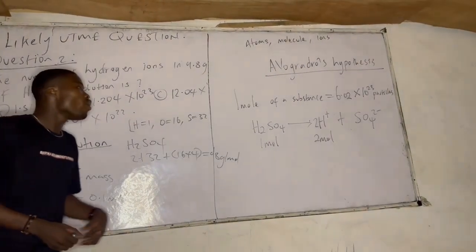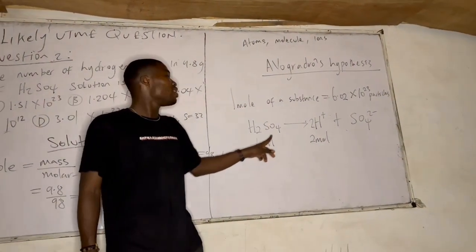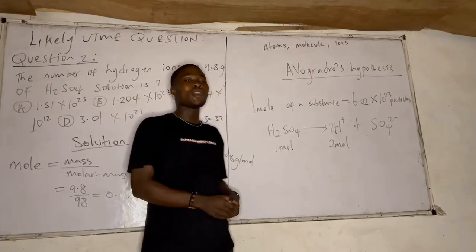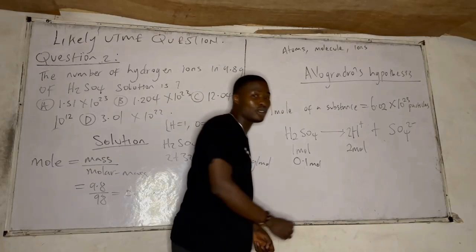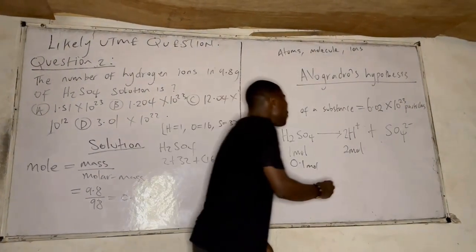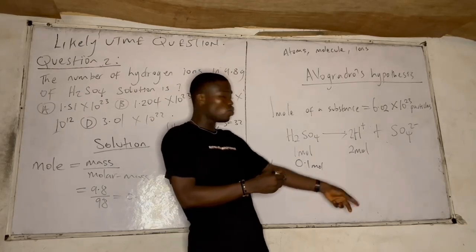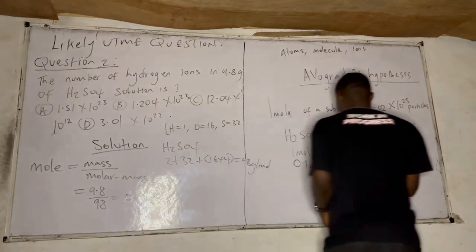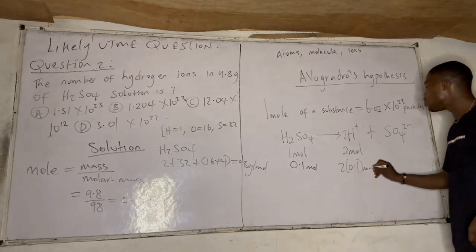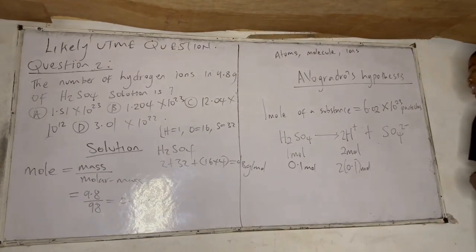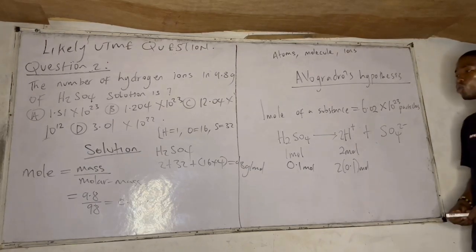And if 1 mole of H2SO4 produces 2 moles of hydrogen ions, it means 0.1 moles of H2SO4 will give me 0.1 times 2, because from 1 to 2 is multiplied by 2. So 0.1 times 2 is 0.2 moles of hydrogen ions.